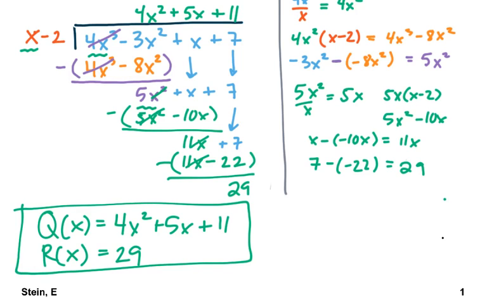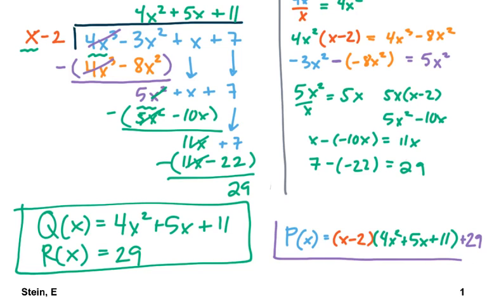And if we were asked to write this in that P equals little d times Q plus R form, well, what that would mean is our original cubic polynomial we started with could be written as though it's equal to x minus 2 times 4x squared plus 5x plus 11, and then plus that remainder, 29.